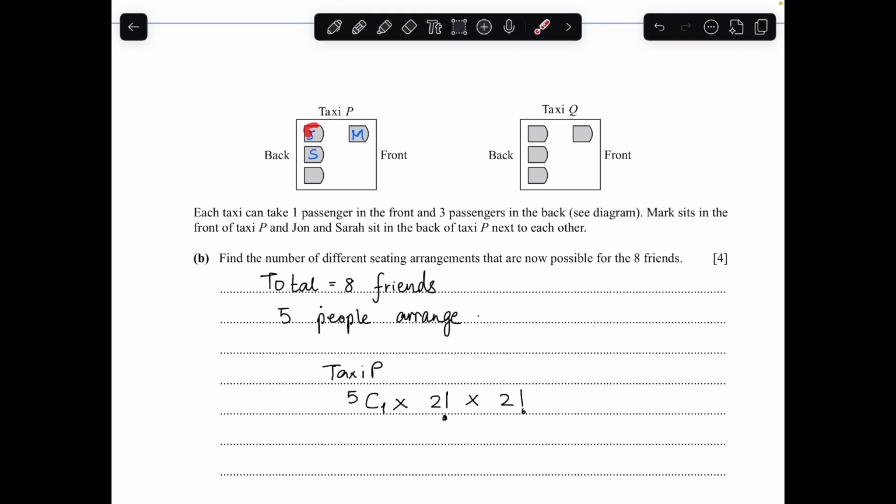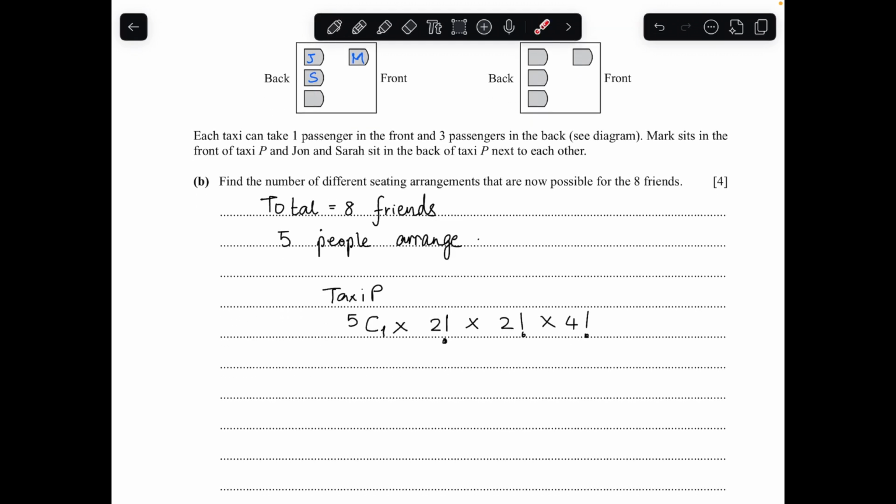That means Sarah can sit here, John sits here, or Sarah sits here and John sits the other side. So that can be done in, again, 2 factorial ways. Now, how many seats left? There are 1, 2, 3, 4 seats left.